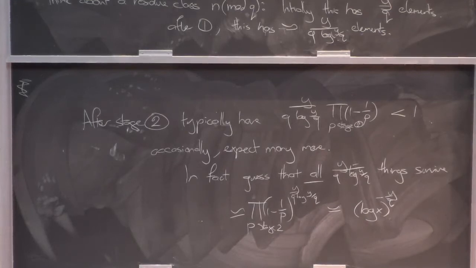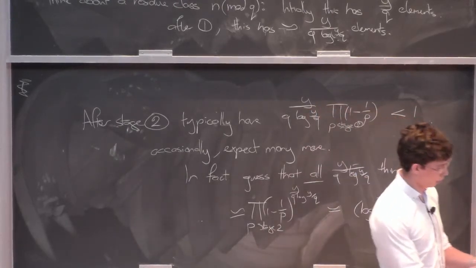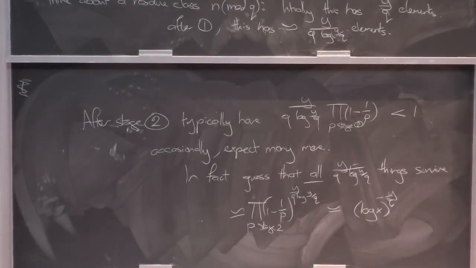What's the motivation behind the idea for stage 2, removing residue classes randomly, as the best way to use this Chinese remainder theorem? Yeah, so stage 2 is not doing anything intelligent whatsoever. It's just getting average case behavior.